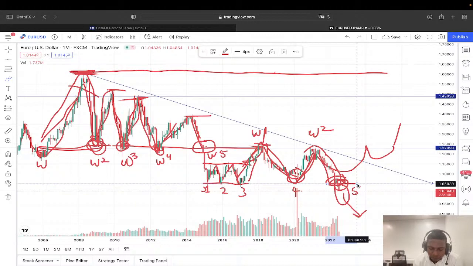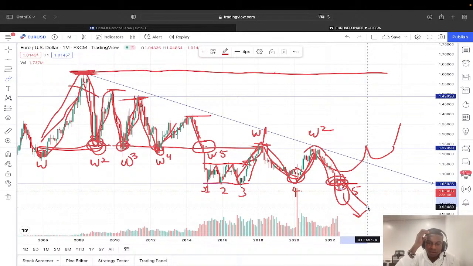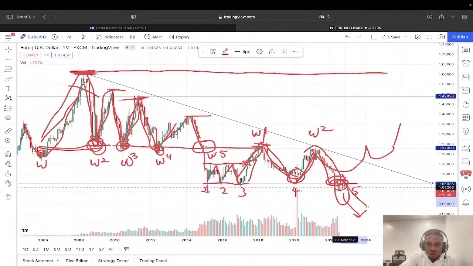Because of this possibility of a pullback, we would wait for the pullback to come back to this level, and then we keep shorting the market. Or you short the market from here, or you wait for a pullback to short the market.